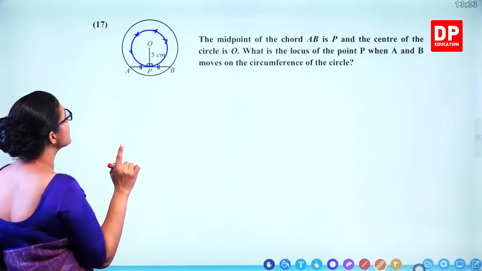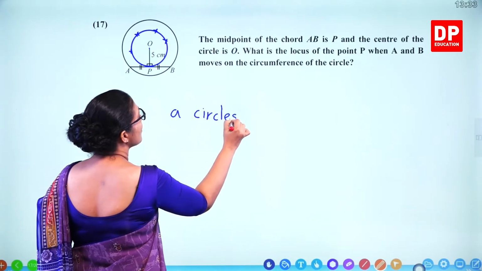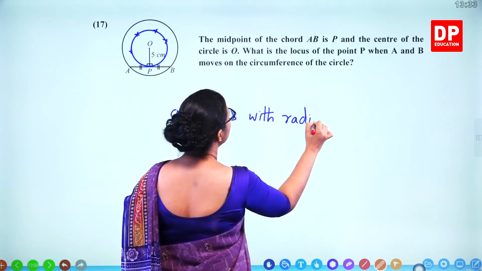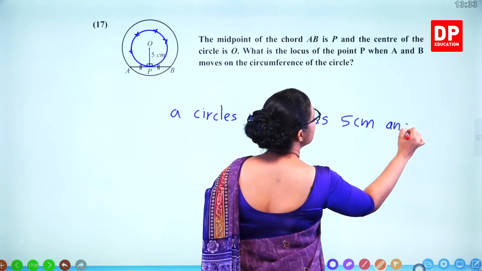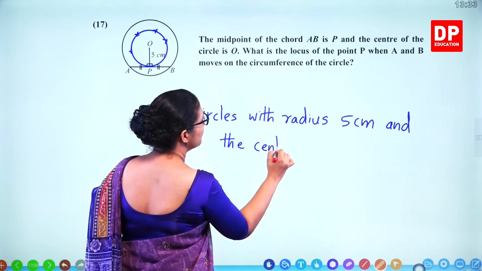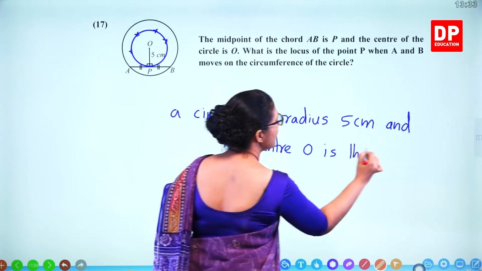So what's the locus? A circle with radius 5 centimeter and the center O is the locus of P.